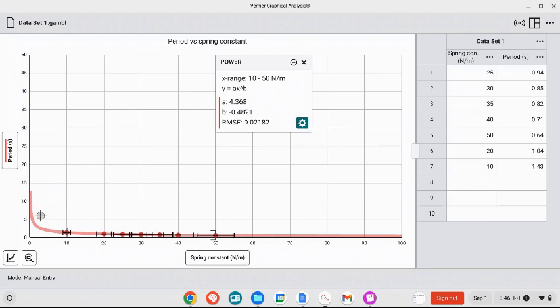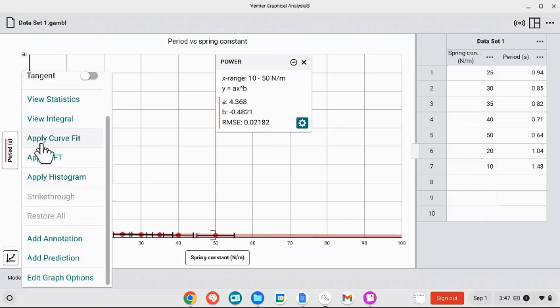As that spring gets stiffer and stiffer, that period is going to approach zero. Again, as we decrease our spring constant, what happens to our period is it's just going to get longer and longer and longer. And that makes some good physical sense to us.